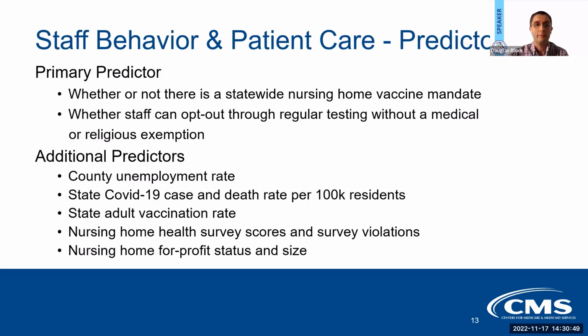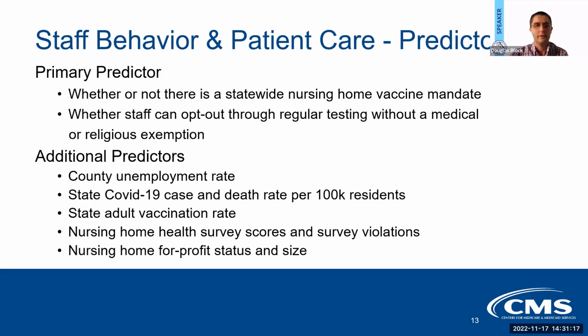Our primary predictor is whether the state had that mandate, and then again, whether staff could opt out of that mandate through regular testing without that religious or medical exemption. We also included a bunch of other metrics in the model. We included the county unemployment rate, because obviously if you're working in a nursing home and you don't want to get vaccinated, you're going to want to know what other job opportunities there are. So that's likely to influence your behavior.